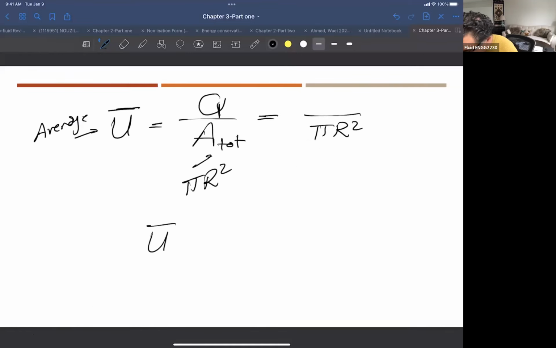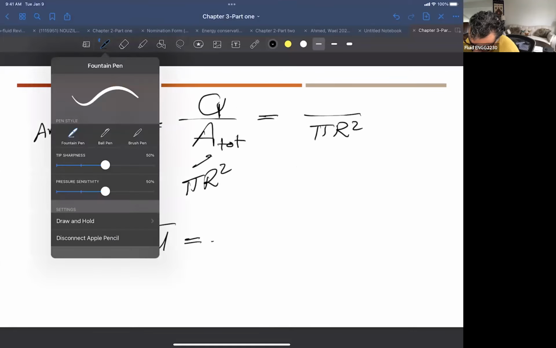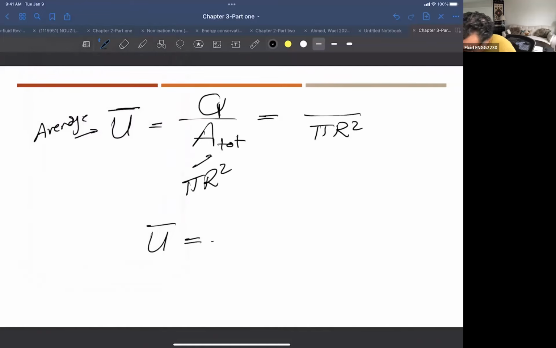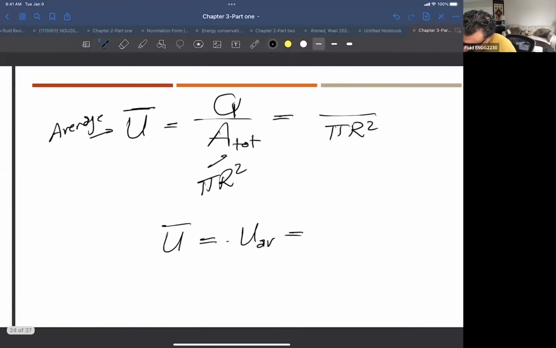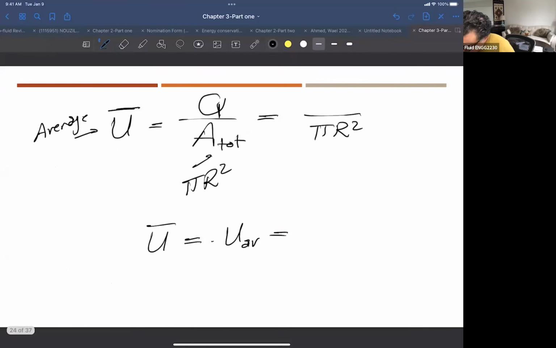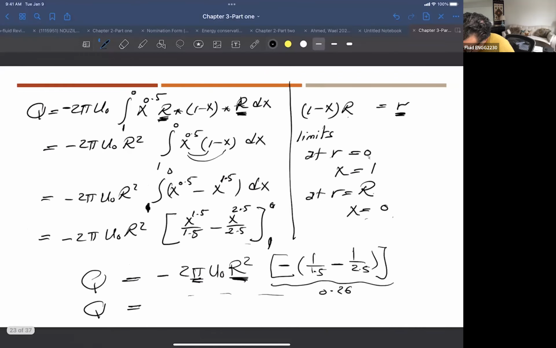U average, or the average velocity here, sometimes you call it like this, and then you put average here, right? Same thing. You do this, and you have this equation here, right? So you remember there was a minus here, and there was a minus here.